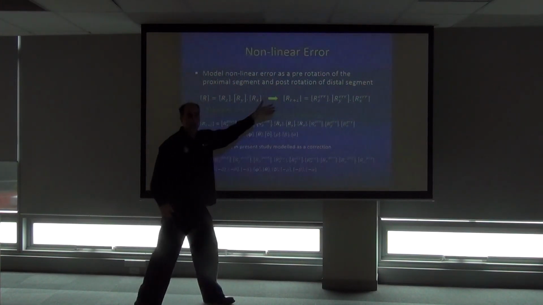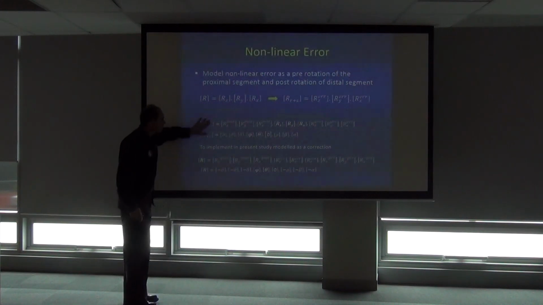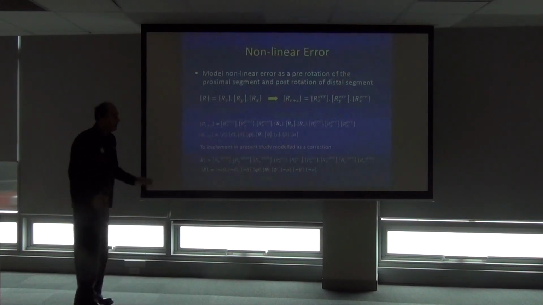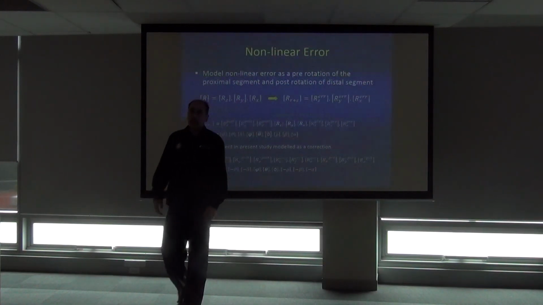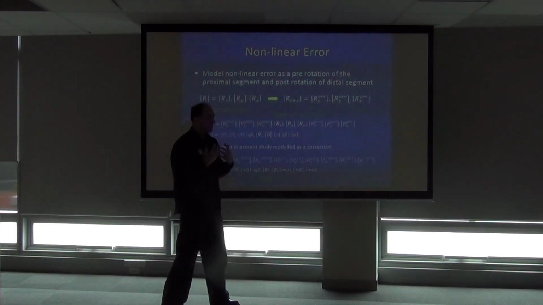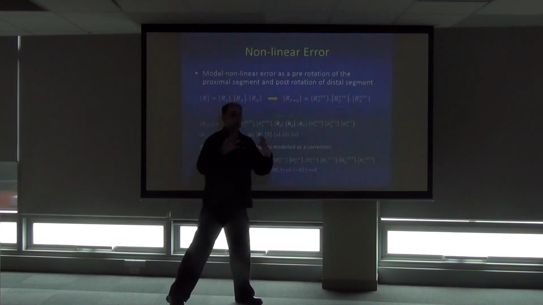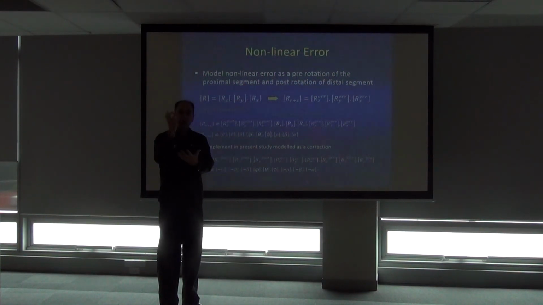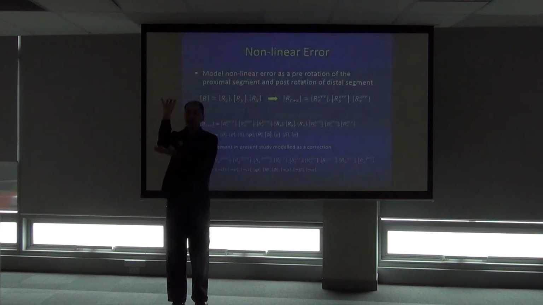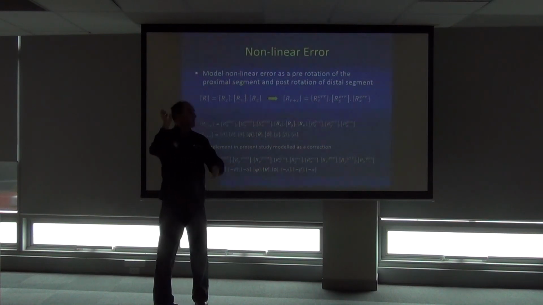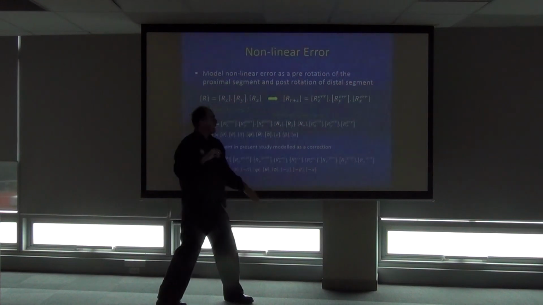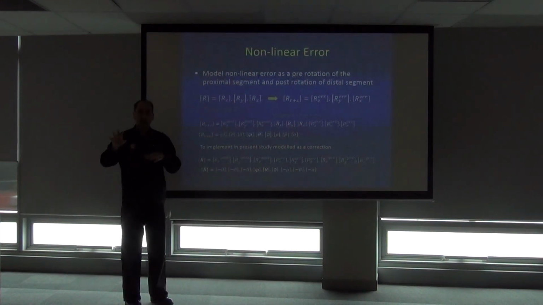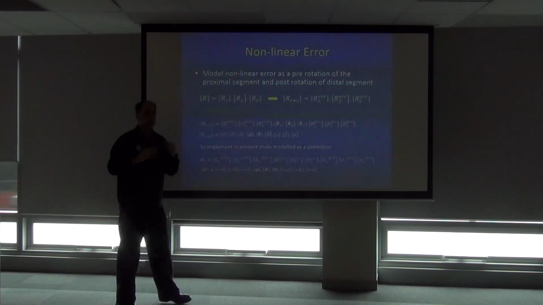This error is an error in the proximal segment, a pre-error, an error in the proximal segment alignment. So in that previous example, we had that cube up there, it was twisted and went that way. So an error in the proximal x, y, z alignment, and an error in the distal segment x, y, z alignment.